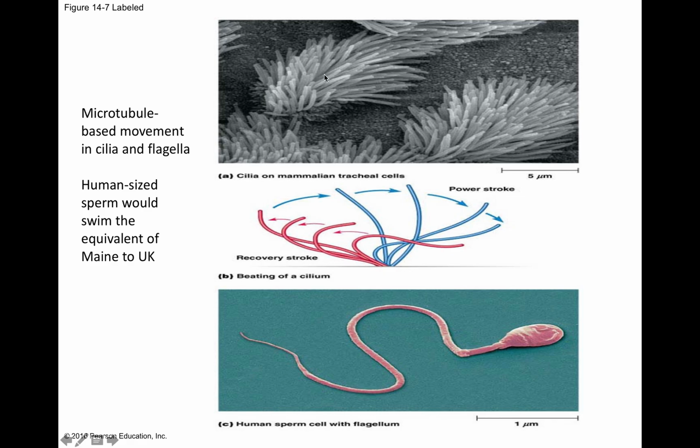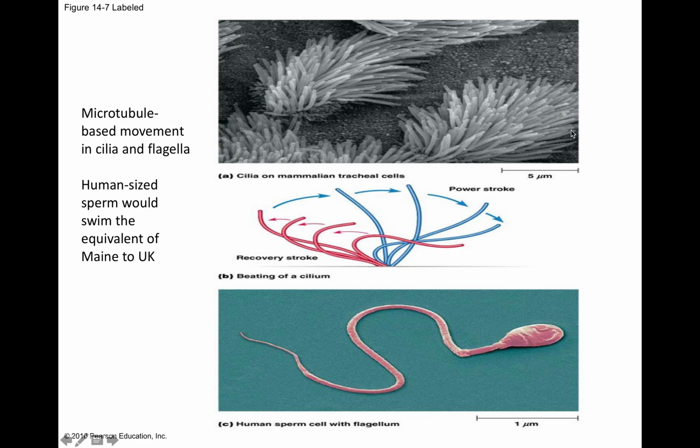Here is a scanning electron microscope picture of cilia in mammalian tracheal cells, like the lining of your throat. These things are constantly beating in one direction, moving mucus and things that are trapped in mucus up to your throat, and then you cough it out.